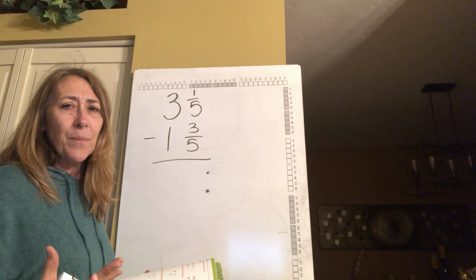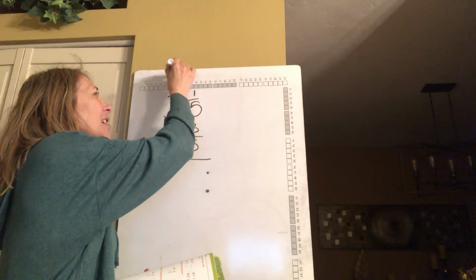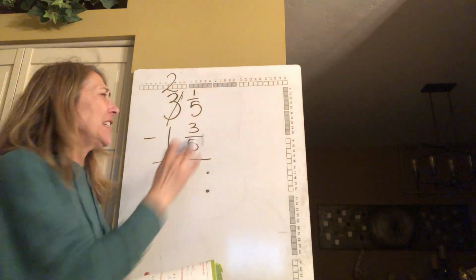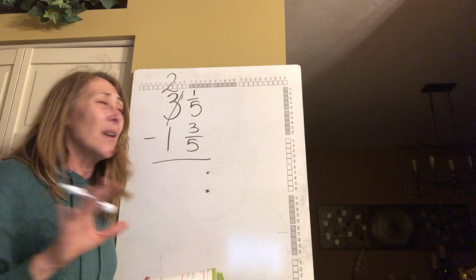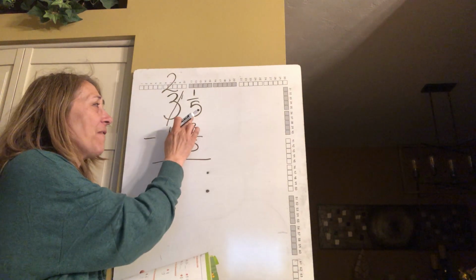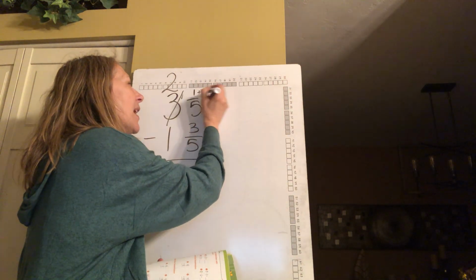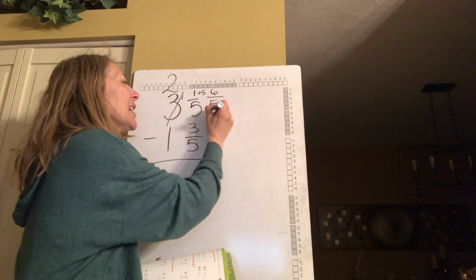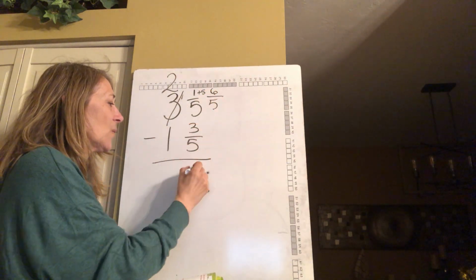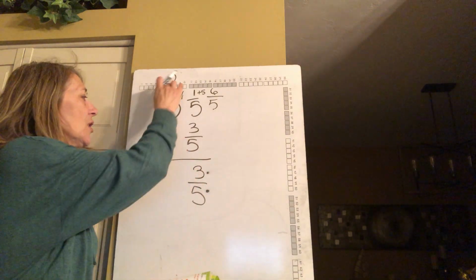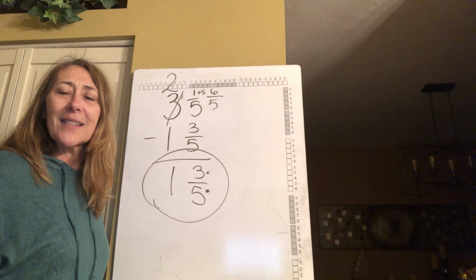So what do I do? I go over to all my whole pieces and I take one of those and my denominator tells me I need 5 pieces to make a whole. So I'm getting a whole, so I'm adding that 5 to the one I have up there already. 1 plus 5. So now I have 6/5 minus 3/5. 6 minus 3, 3/5. 2 minus 1, 1. My answer's 1 3/5.